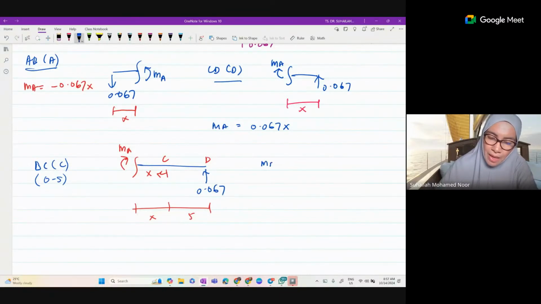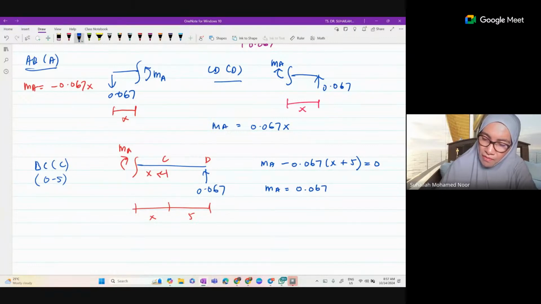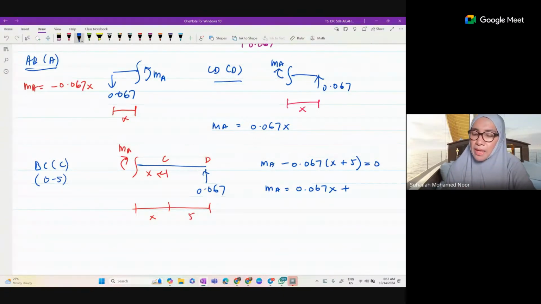So it is MA, we plus minus 0.067, it is X plus 5, 0. Okay, so this MA is equal to 0.067x, take that side positive, right? Minus, take that side positive as well. Okay, 0.067 plus 5, how much?